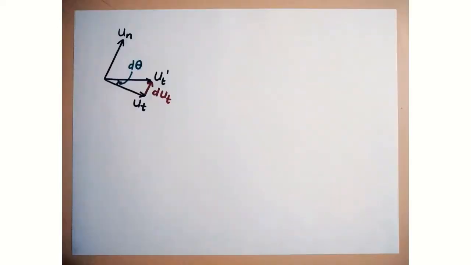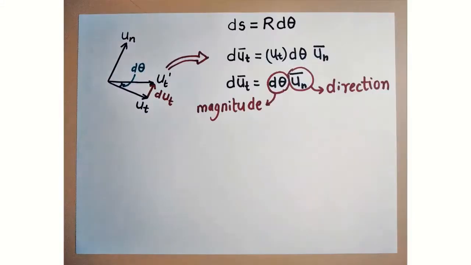So here we are again with our geometrical representation, and after gaining a ton of mathematical knowledge, we solve this physics problem. Now we know that ds is equal to r d theta and dut is equal to ut times d theta. Therefore, dut vector is equal to ut times d theta in the direction of the normal axis.